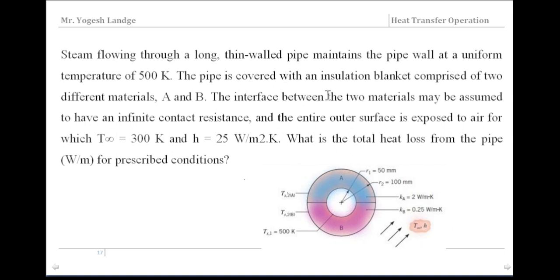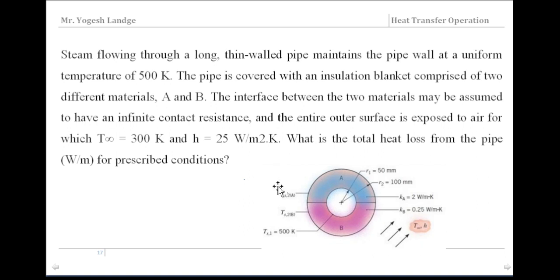The pipe is covered with an insulation blanket comprised of two different materials, A and B. The interface between the two materials may be assumed to have an infinite contact resistance, and the entire outer surface is exposed to air, for which T infinity, the outer temperature, is 300 Kelvin, and the heat transfer coefficient h is 25 watt per meter square Kelvin. What is the total heat loss from the pipe for the prescribed condition?